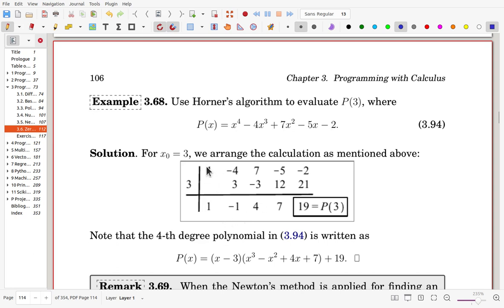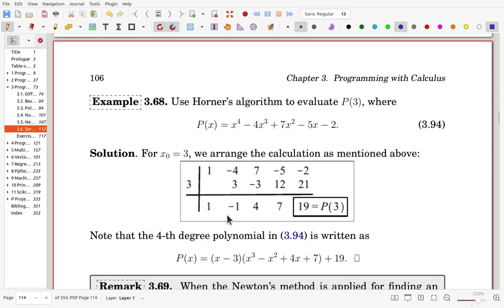Now, a_n goes down to b_n, and we multiply by 3, put it here, and add these two numbers to have minus 1. Again multiplication and addition, and now the multiplication gives 12, addition must be 7, and multiplication gives 21. Now the addition becomes finally 19, which is P at 3.